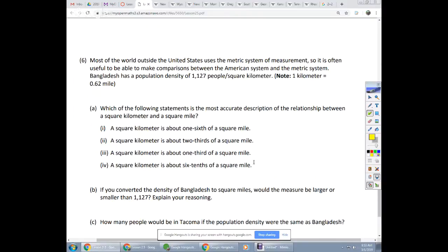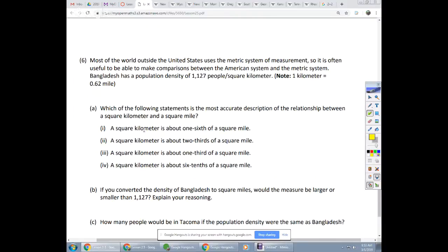Bangladesh has a population density of 1,127 people per square kilometer. And we're given the information that a kilometer is about 0.62 miles. Which of the following statements is the most accurate description of the relationship between a square kilometer and a square mile?